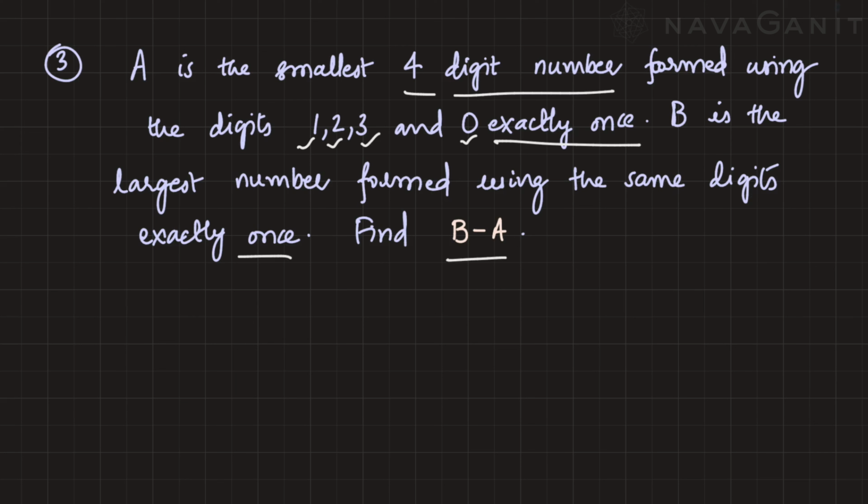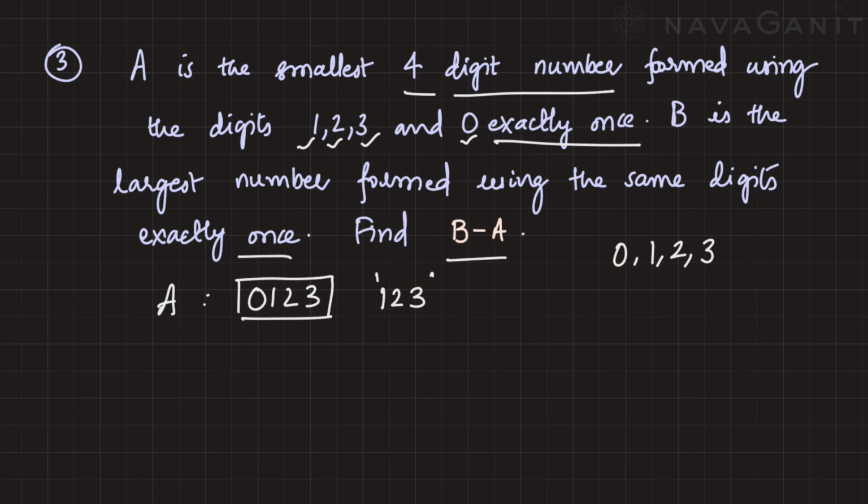And we need to find B minus A. First of all, A, the smallest number formed using 0, 1, 2 and 3. If I simply arrange them in ascending order, I'll get 0123 as the smallest number. However, this is not a 4-digit number because 0123 is nothing but 123, which is a 3-digit number.